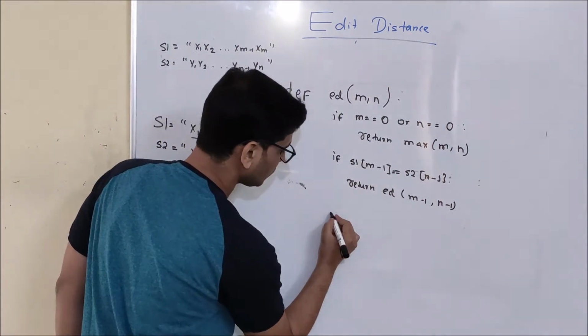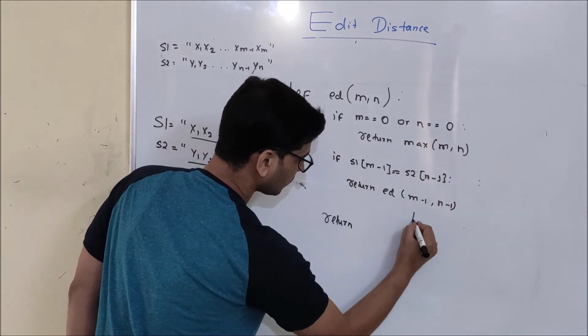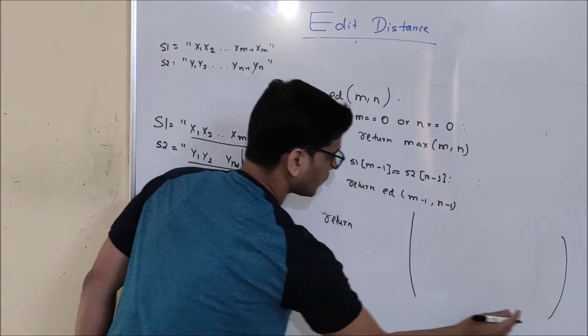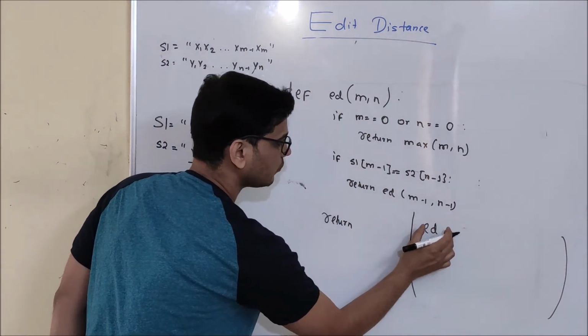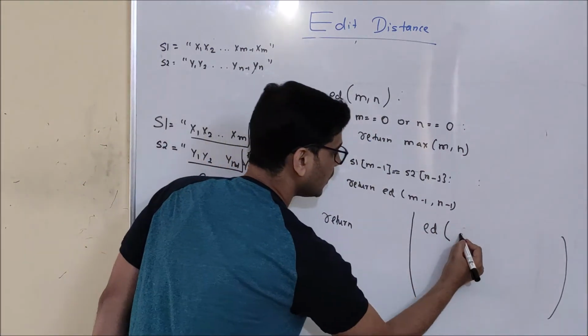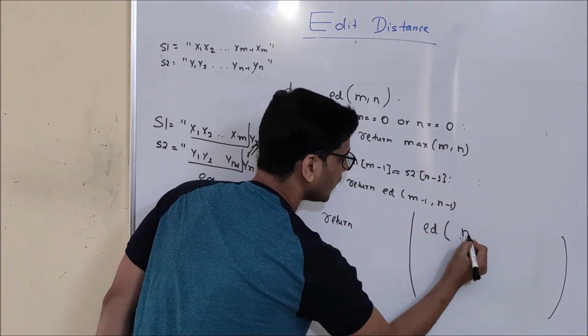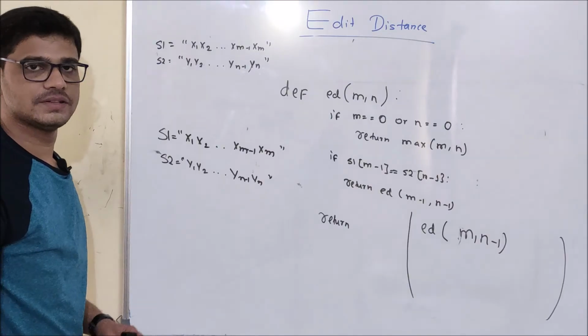So return ed, this is writing the first option, that is insertion: ed of m comma n minus 1. Now let's say deletion.